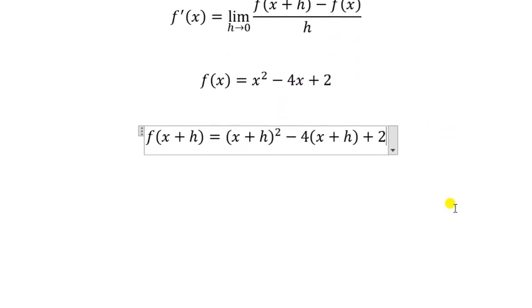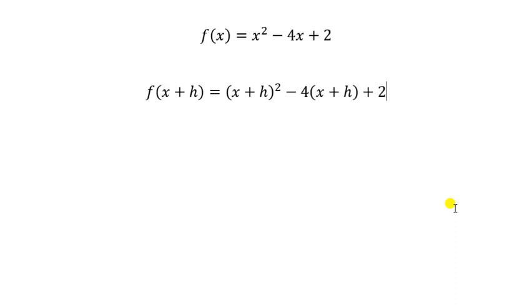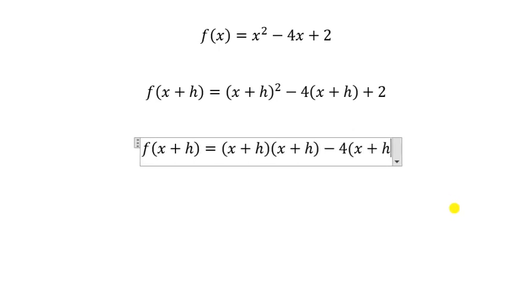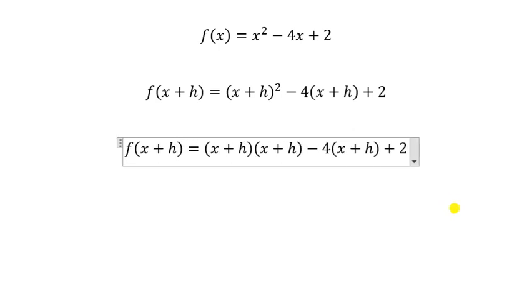Notice that all I did there was substitute x for x plus h. And basically we can right away start simplifying this, right? So we have f of x plus h equals x plus h times x plus h minus 4 times x plus h plus 2. Here we do some foiling.